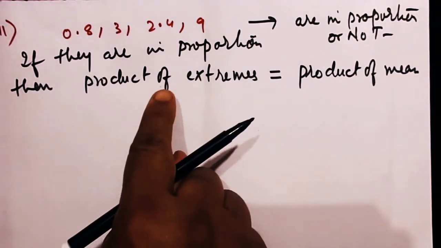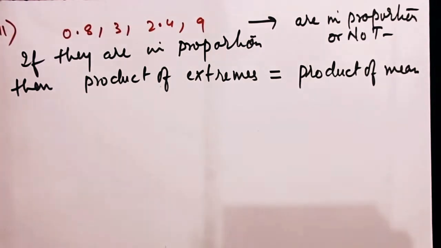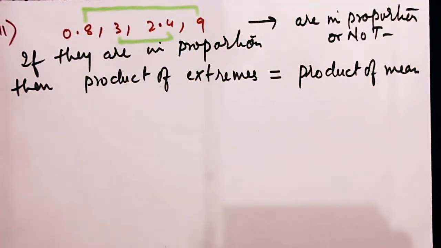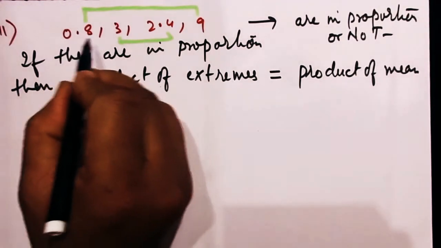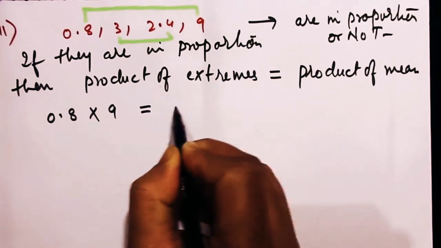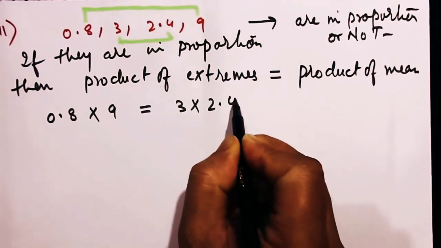You have to write this before you begin. Here these are the extremes and these are the means. Therefore, 0.8 times 9 should be equal to 3 into 2.4.